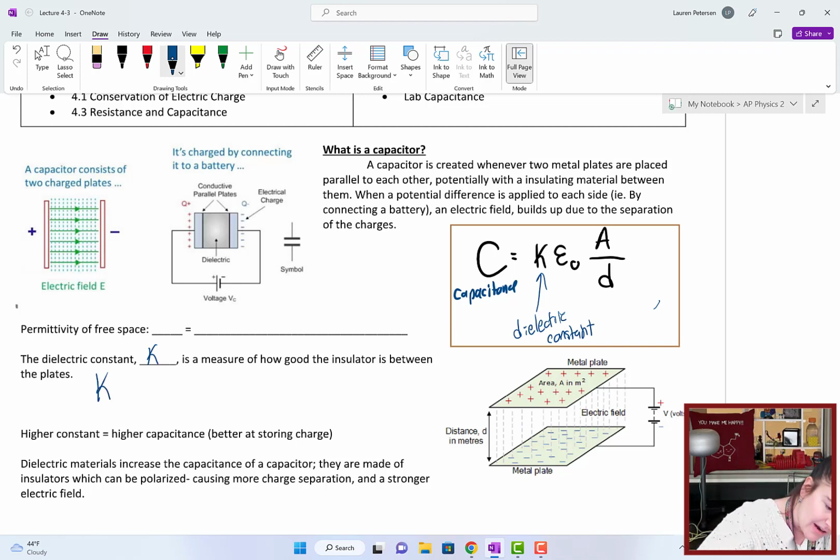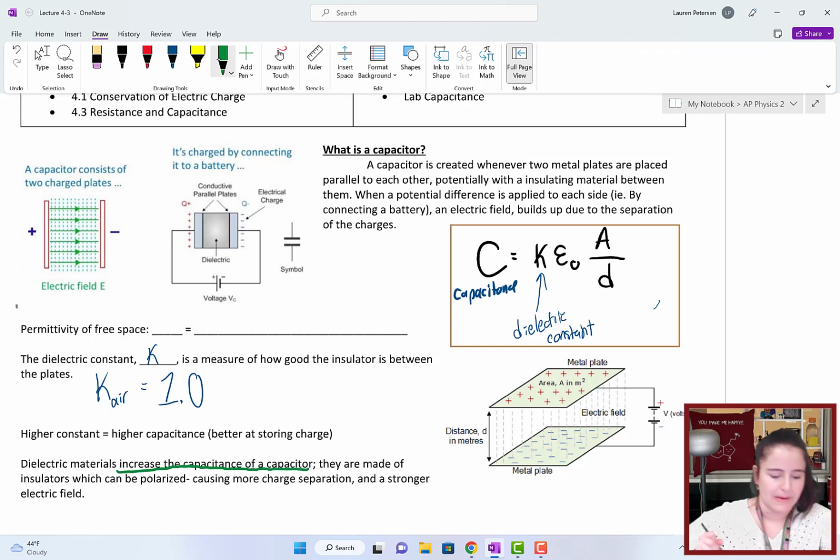For air, it is 1.0, and it is just a ratio, so just 1.0. Anytime you add a dielectric, okay, you're always going to increase the capacitance. Okay, adding a dielectric will always increase the capacitance of a capacitor.